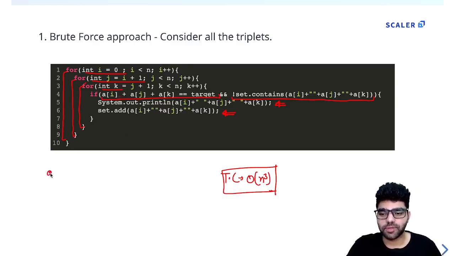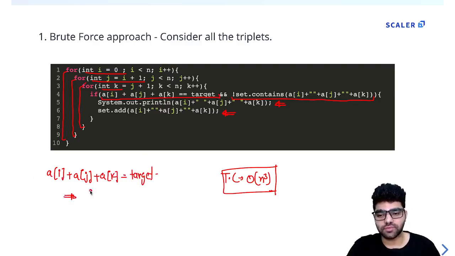In order to optimize, let's have a look at this equation: array of i plus array of j plus array of k equals target. Can we modify this equation so that array of k is target minus array of i and array of j, taking these two values to the right-hand side?